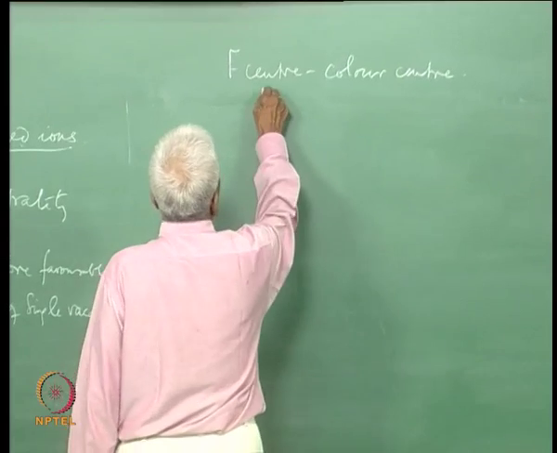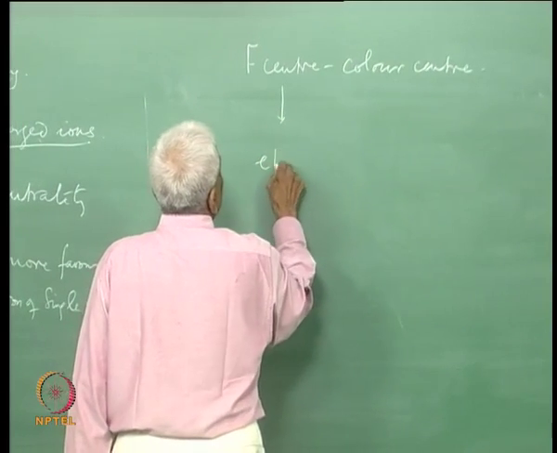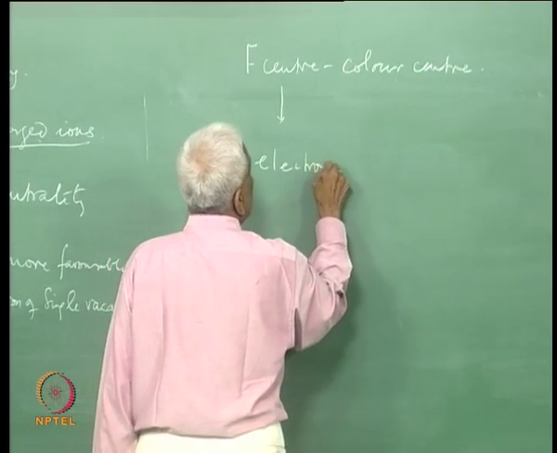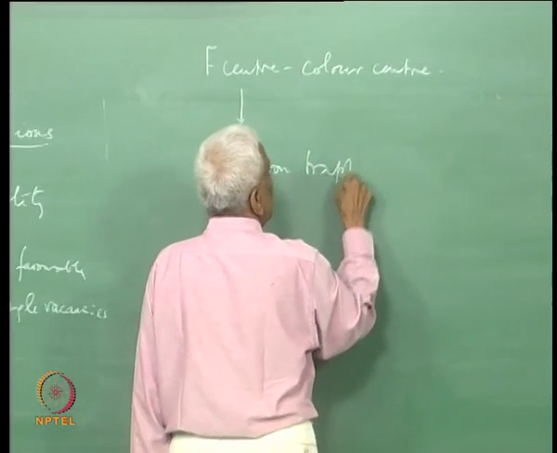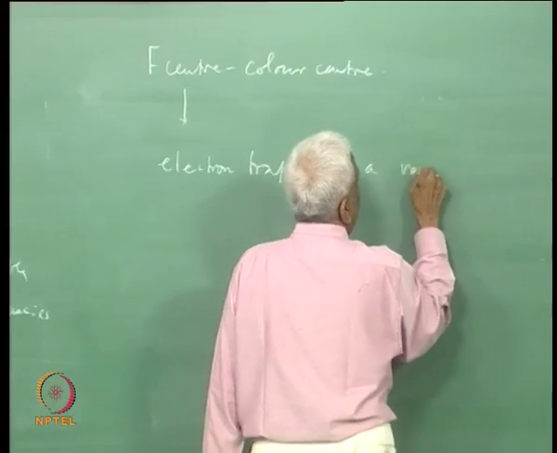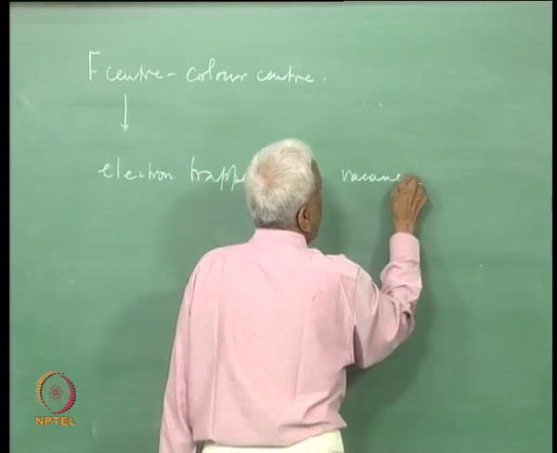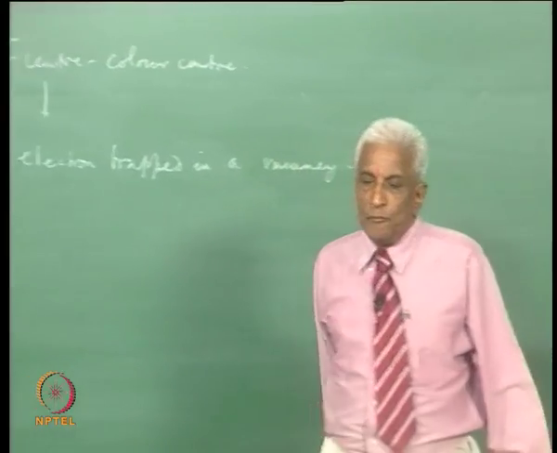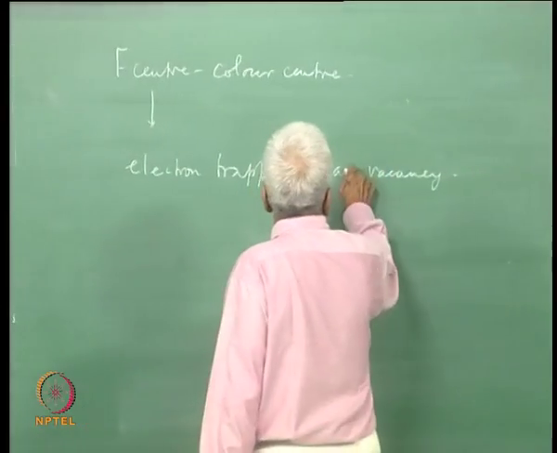Now, the composition of this is that of an electron trapped in such a vacancy. So, this is an anion vacancy.